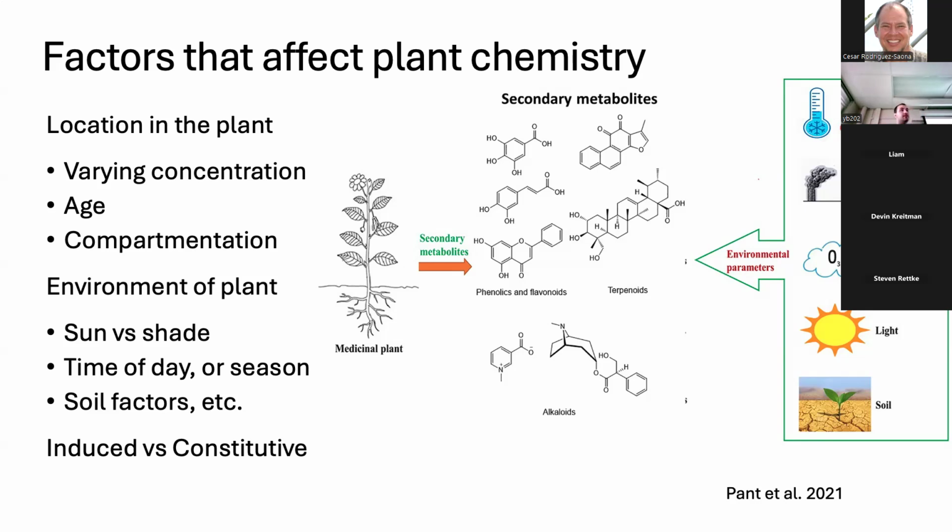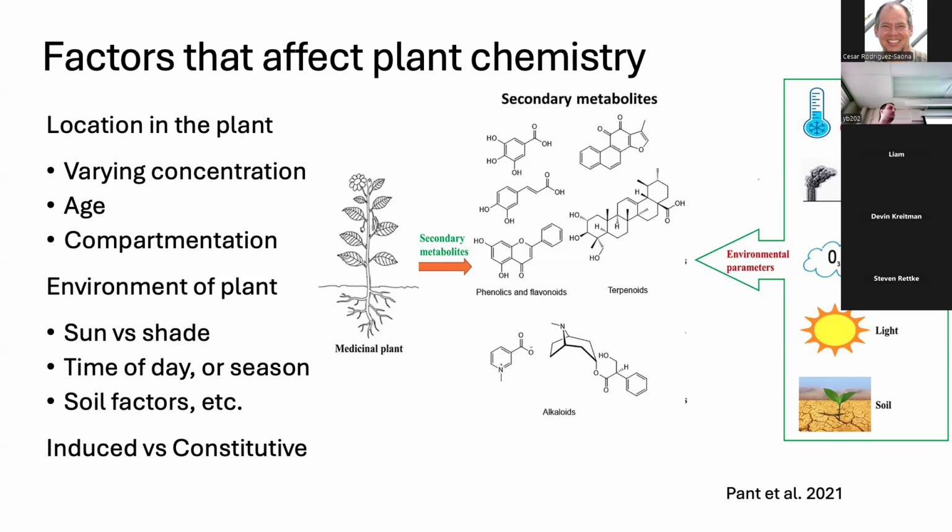And there's different theories of why some compounds might be induced, some compounds might be constitutive. There's different theories of where they are in the plant, why some compounds are in certain areas versus other areas, how the plants utilize them over time. An older plant versus a younger plant.